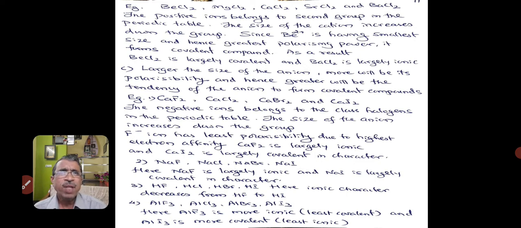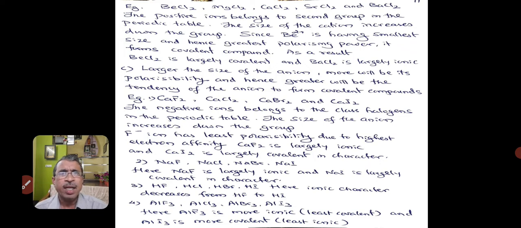Larger the size of the anion, more will be its polarizability and hence greater will be the tendency of the anion to form covalent compounds. For this, let us take an example, calcium fluoride, calcium chloride, calcium bromide and calcium iodide. The negative ions belong to the class halogens in the periodic table.